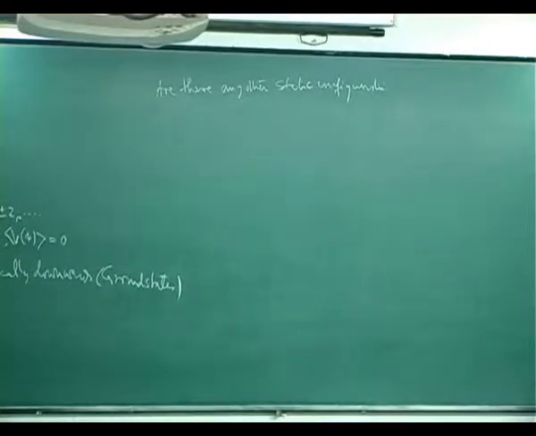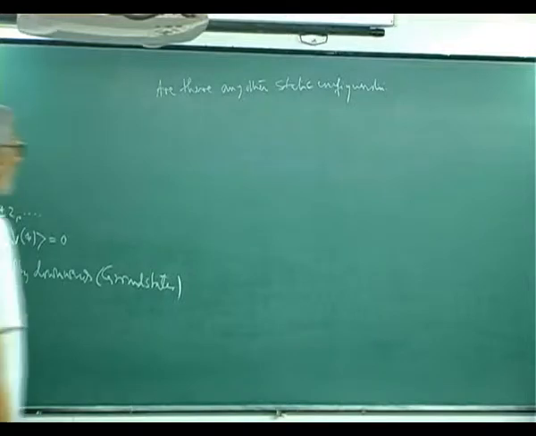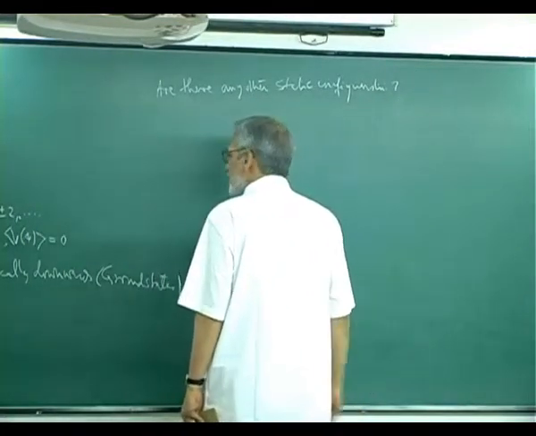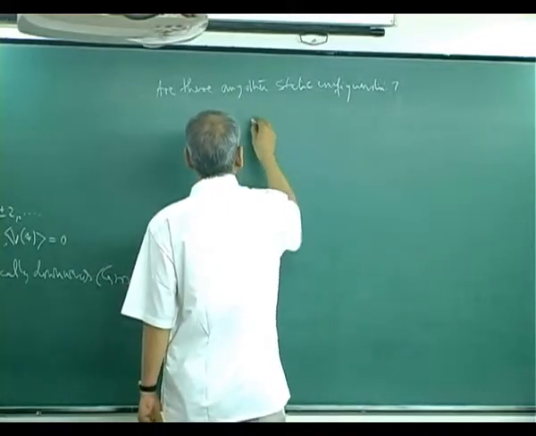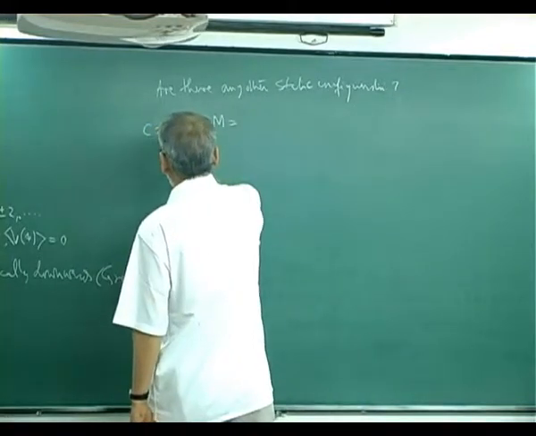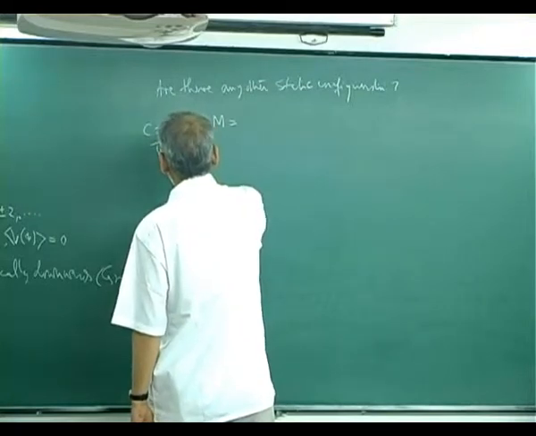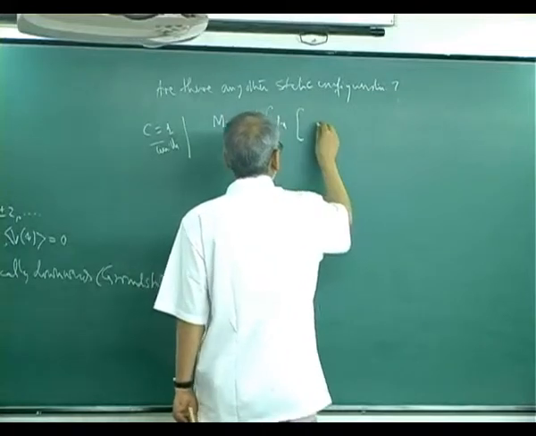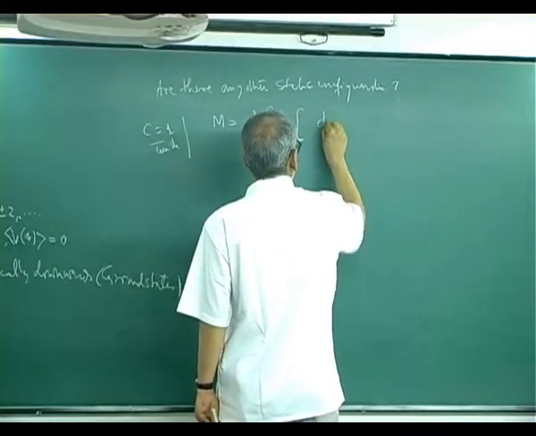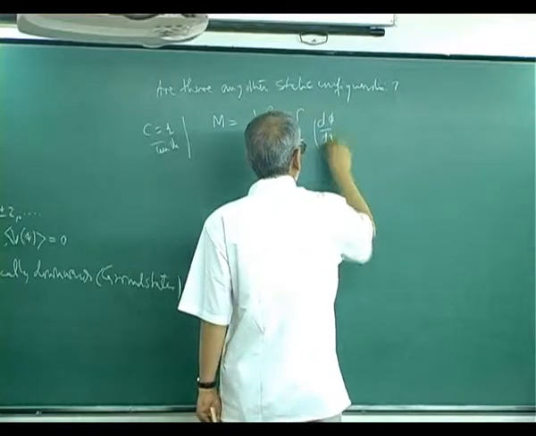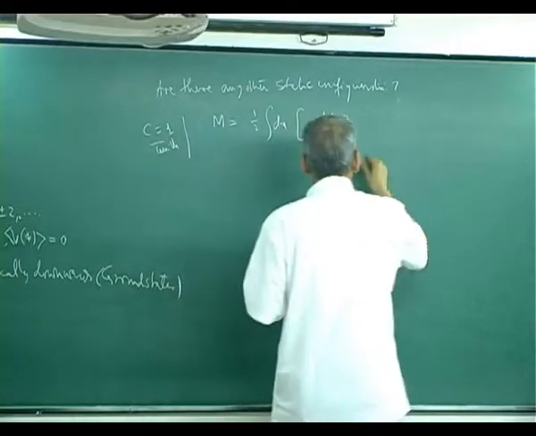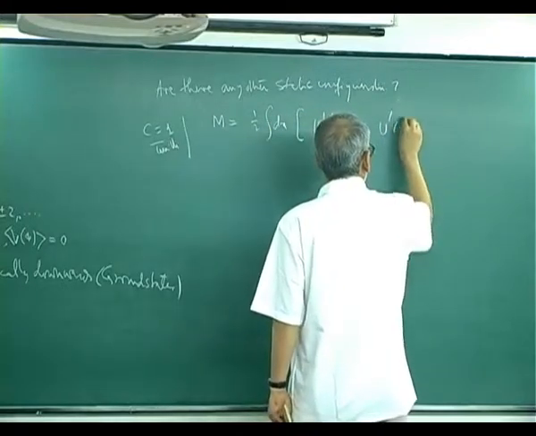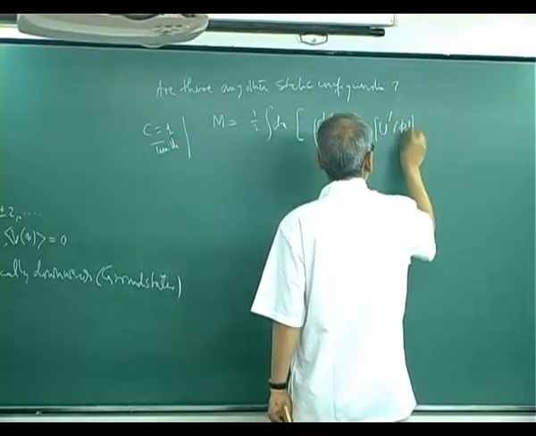For this theory, for such static configurations, the mass, we are working in c equal to 1 units, would be given by the Hamiltonian, plus 2V, and 2V was U'(phi) square.